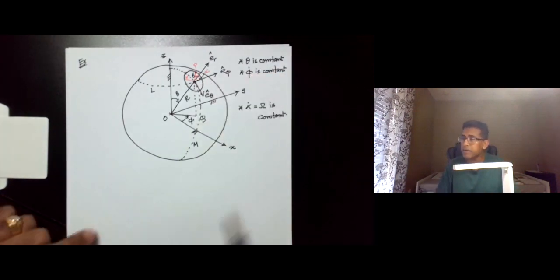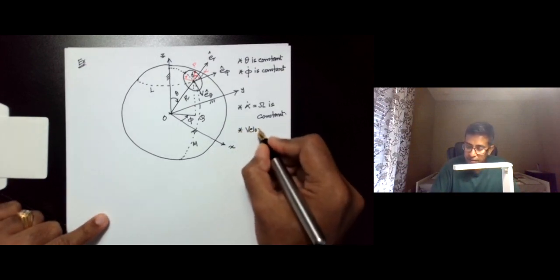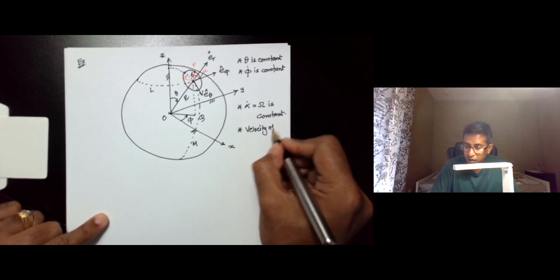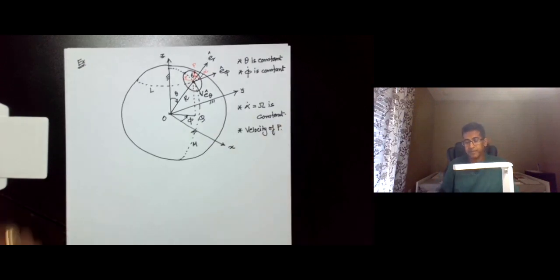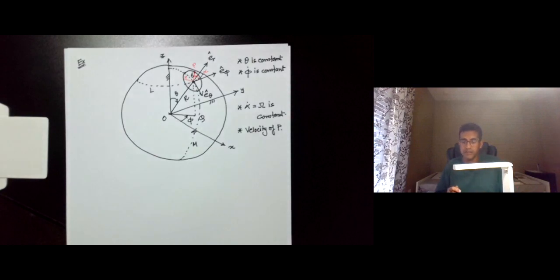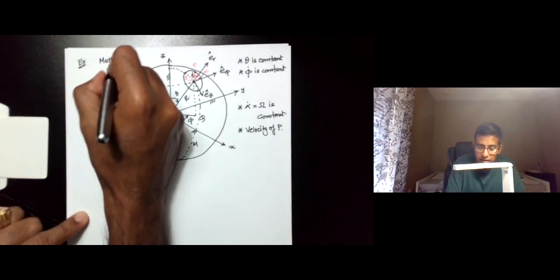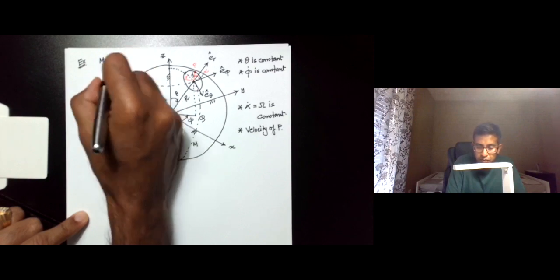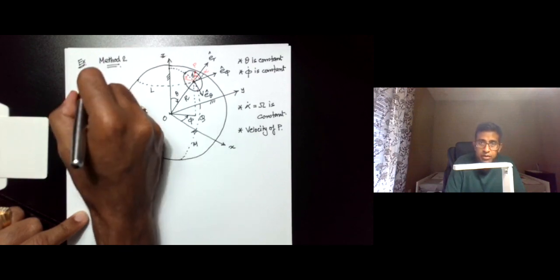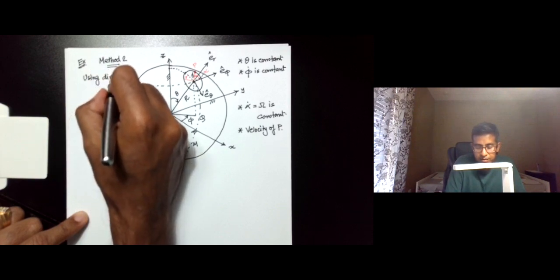What we want to find is the velocity of P. We will use this spherical reference frame, and this is going to be method 2, and we'll be using direct differentiation.